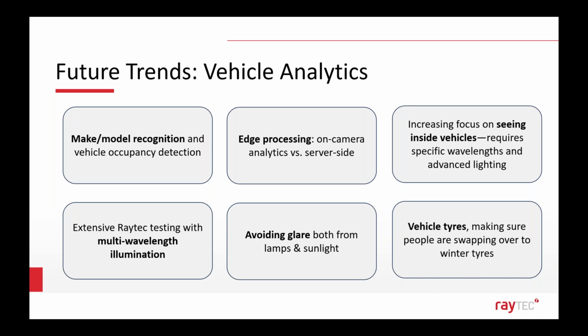We've tested multi-wavelength systems in supporting this move, with products designed to illuminate the interiors without glare, i.e. the 730 nanometers. But for analytics to work, much like the machine learning, it's super important to make sure that you've got a good image with good lighting.